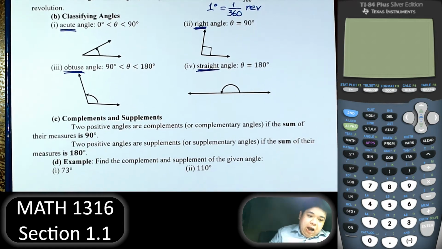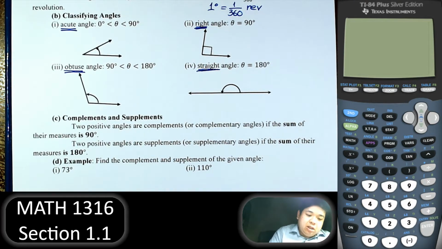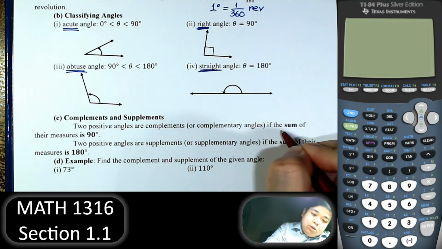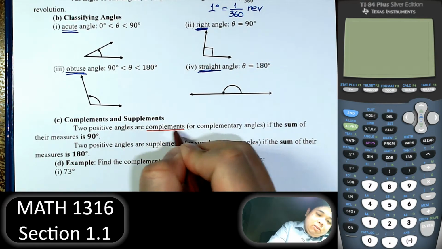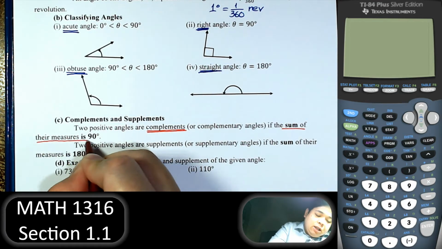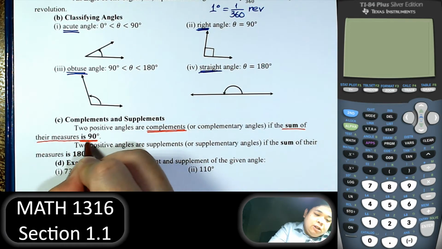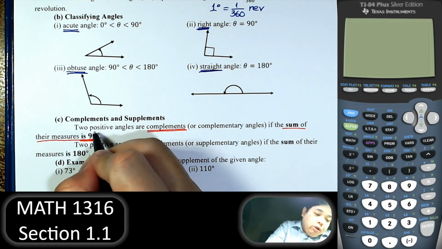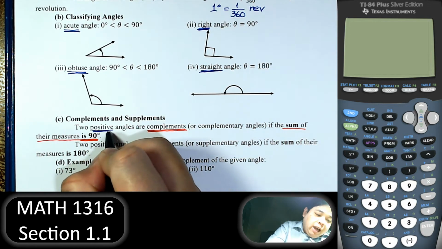Next, complement and supplement of an angle. At this point, we define two positive angles as complements if their sum is equal to 90 degrees. And here we define it only for positive angles.